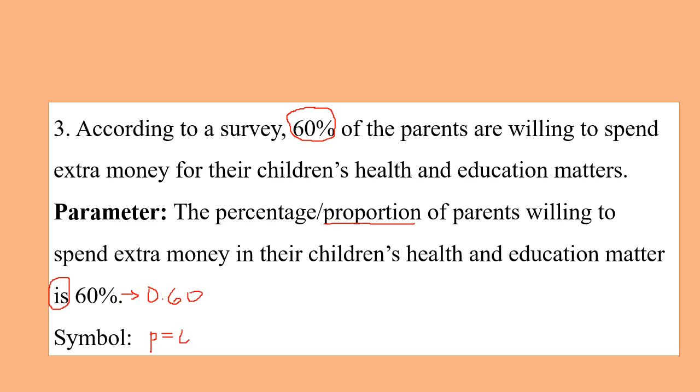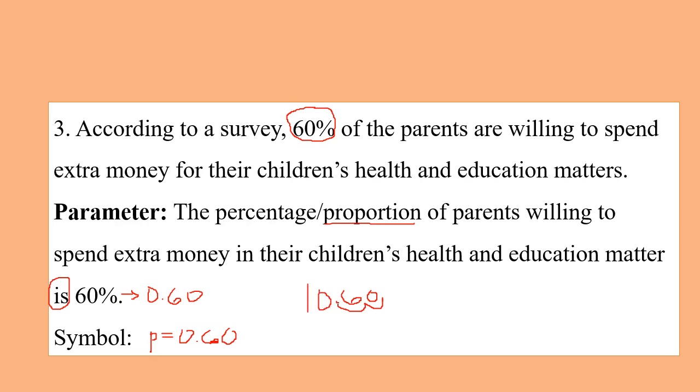Again, the 60%, we convert it to a decimal point. So the 60%, or simply 60, we start from here, then move 2 places to the left. 1, 2, point, then put 0 here.